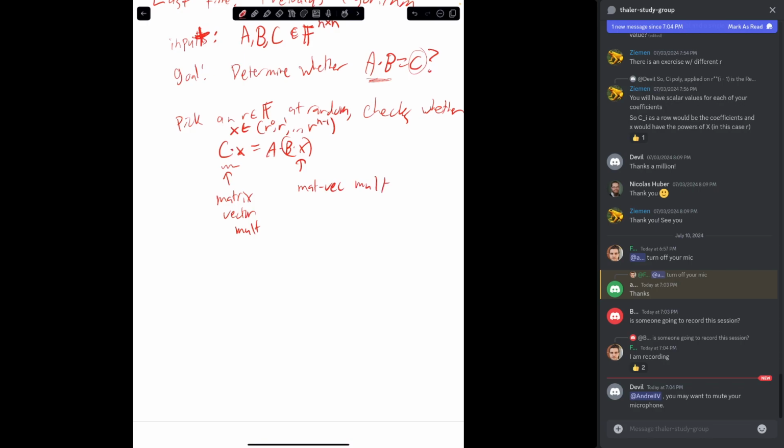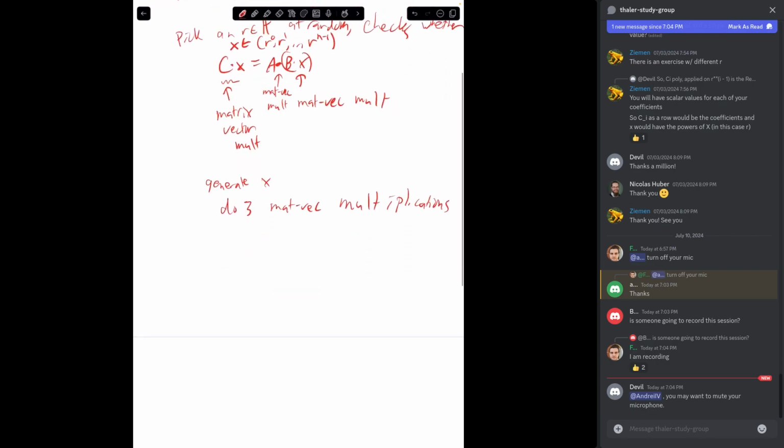And then multiplying A by that result is yet another matrix vector multiplication. So the total runtime of the algorithm is the time to generate X and do three matrix vector multiplications. And the total time for that is order n squared field operations.